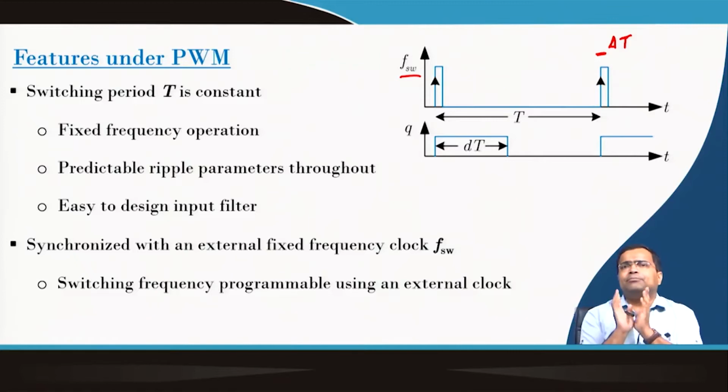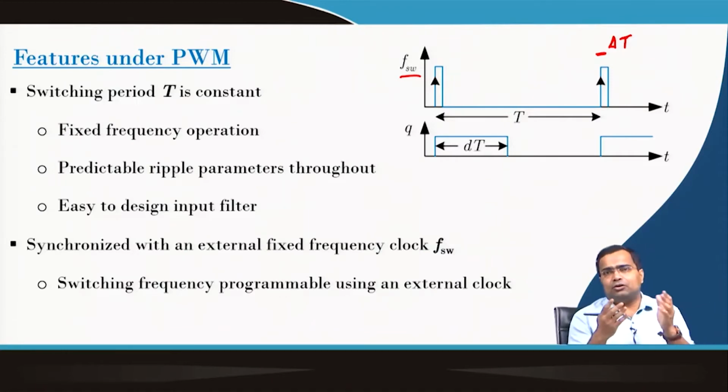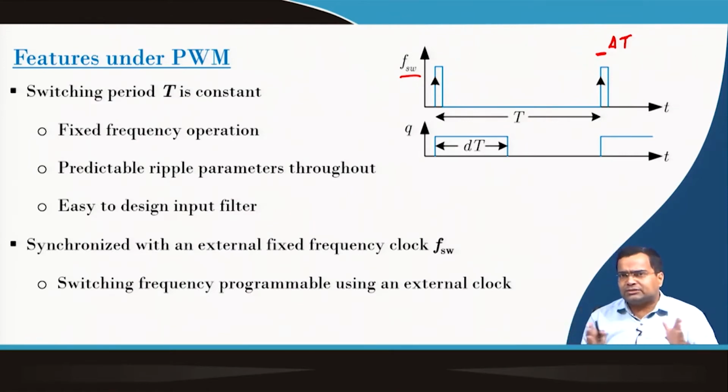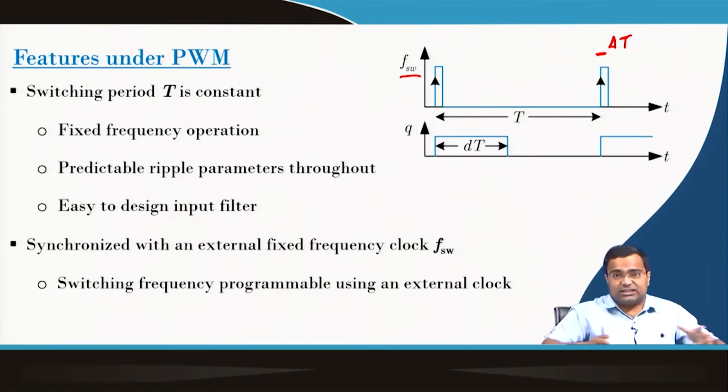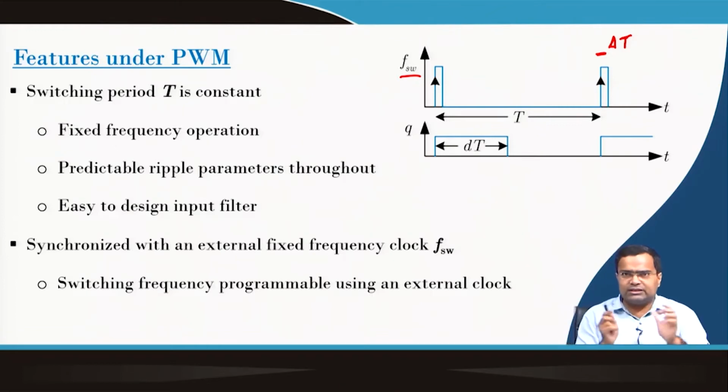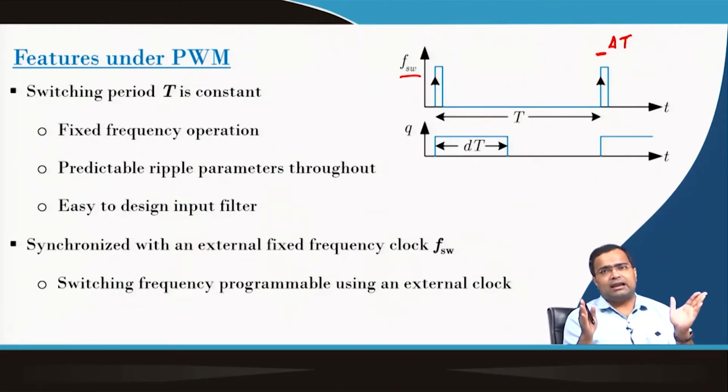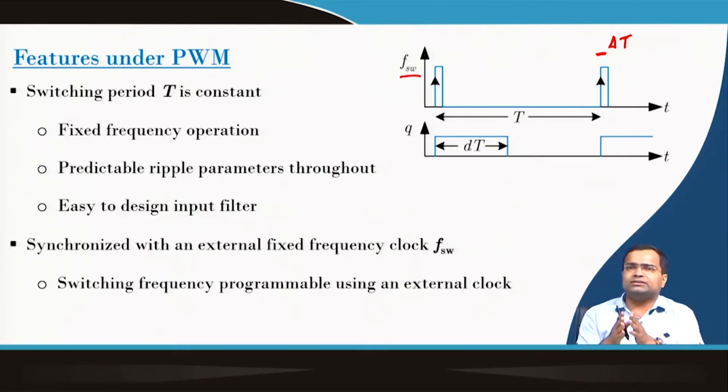We may want to vary it a little bit, and sometimes we do it intentionally. Suppose we see that the load current is going down, we can decrease the switching frequency to save the switching losses. Sometimes this frequency variation can be achieved inherently by using some kind of pulse skipping modulation and other techniques.